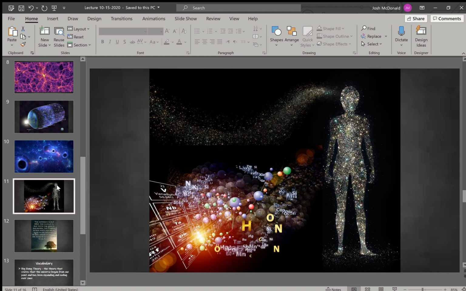So think about that when you think about the chemical processes in your body. Everything is just atoms being repurposed and reconditioned and rearranged. And even those atoms, when we talked about nuclear fusion, through nuclear fusion heavier and heavier elements were made.